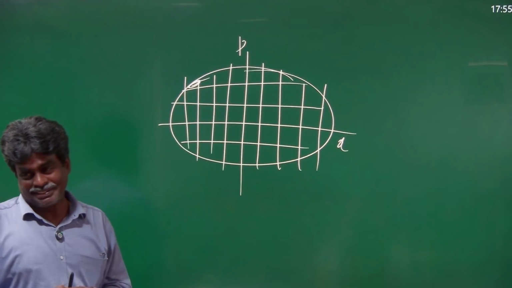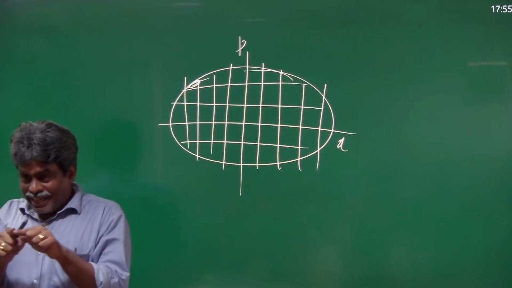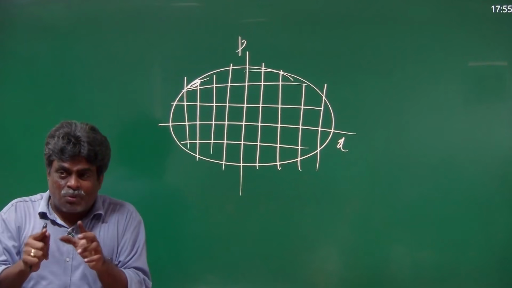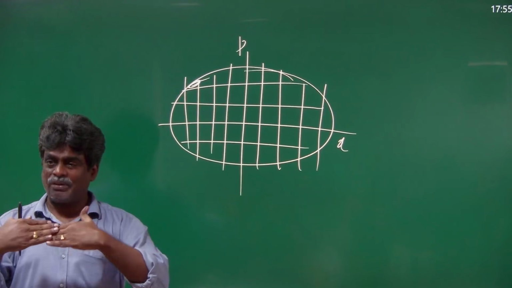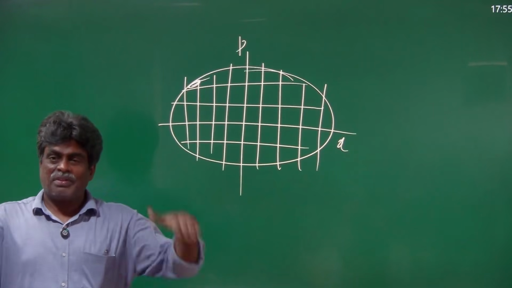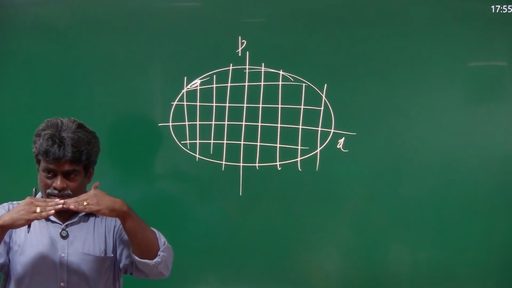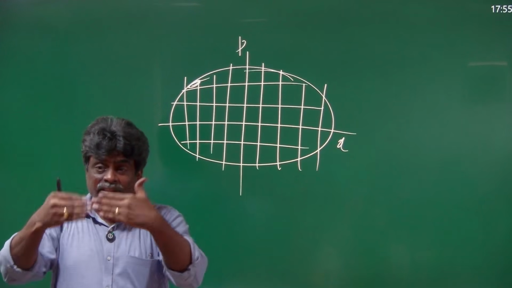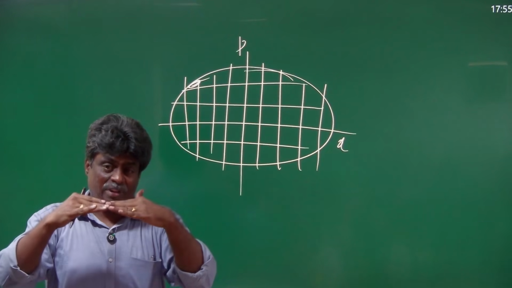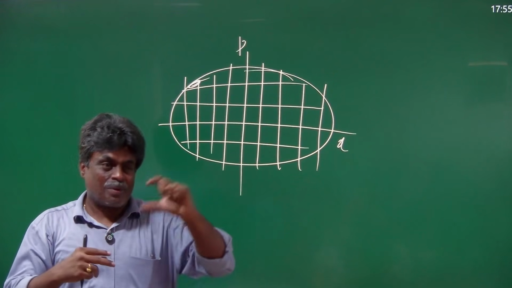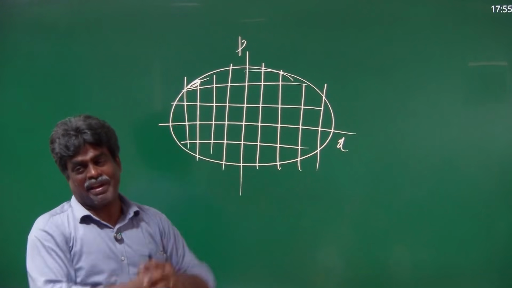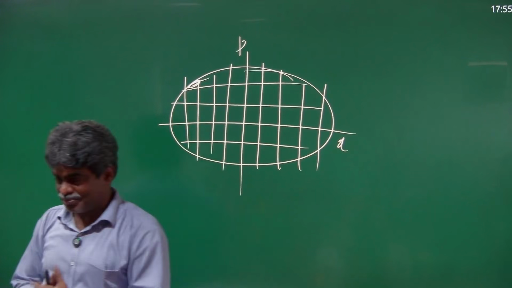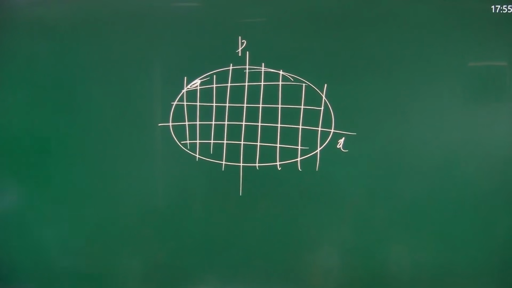That was the question. Because each ellipse is one state. Ground state, half H cross omega. First excited state, 3 by 2 H cross omega. Next, 5 by 2 H cross omega. So what is the energy difference? H cross omega, H cross omega. So that was the question. I hope you understand, right?